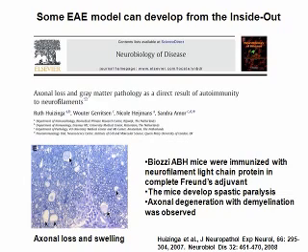The mice develop autoimmune responses against axons and show spastic paralysis. If you look at histology, you can see axonal loss and swelling with demyelination. These results demonstrated that if you induce autoimmune responses against axons, the lesion can develop from the inside axons to the outside myelin.